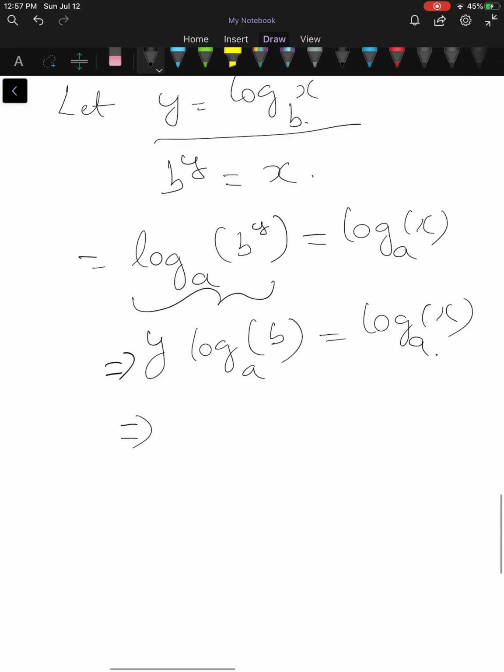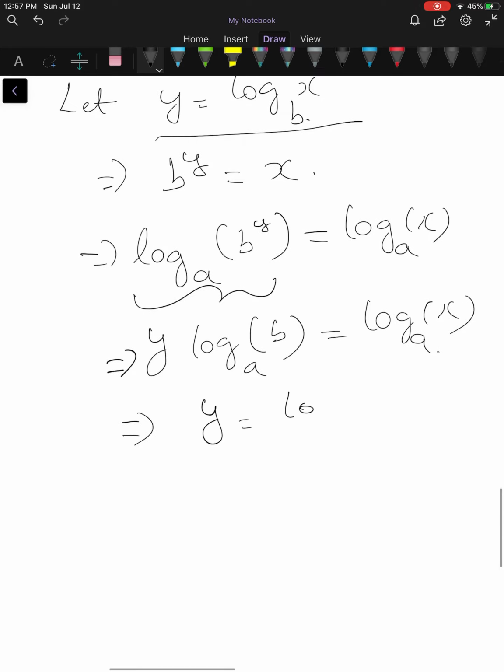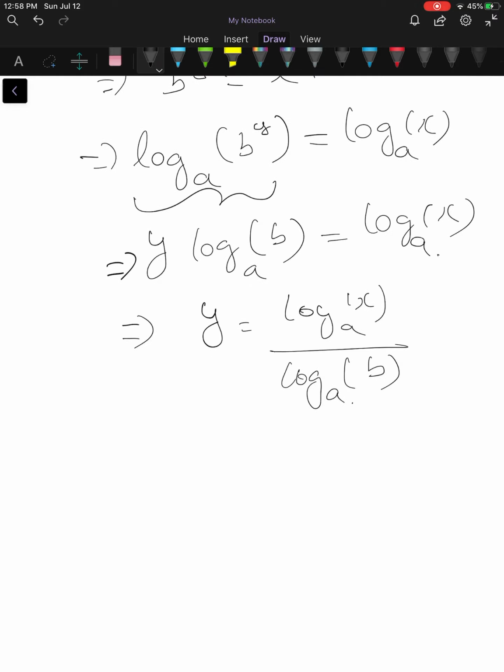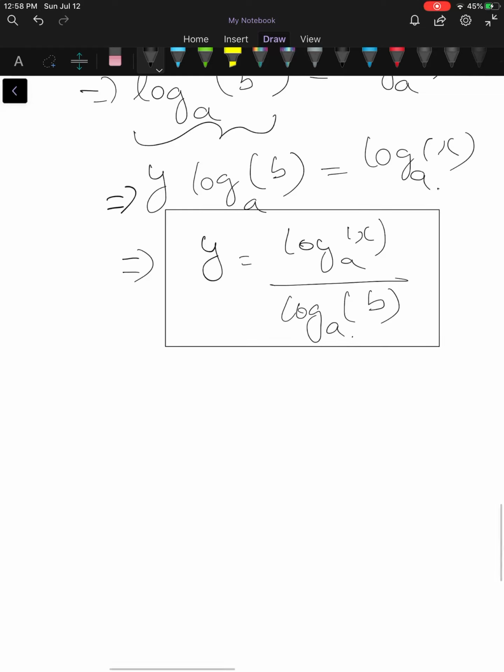This is nothing but our y. So if we solve for y, y is equal to log of x to base a divided by log of b to base a. So this proves the formula to change the base.